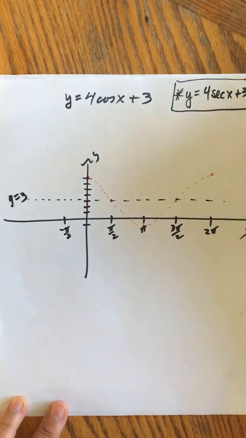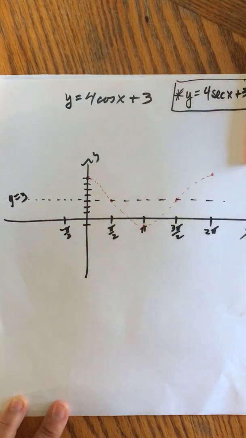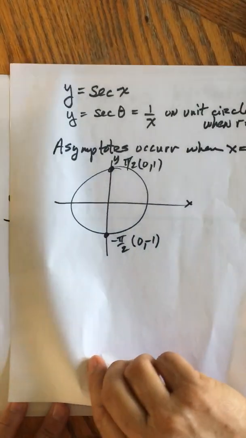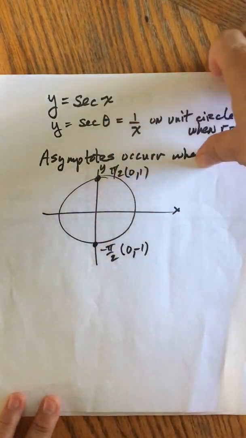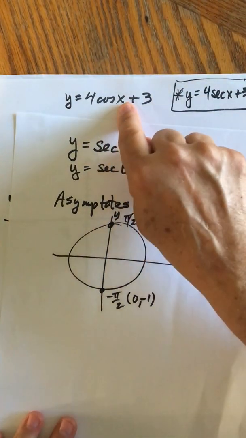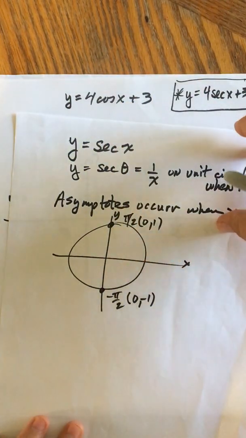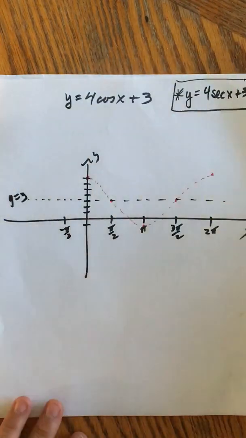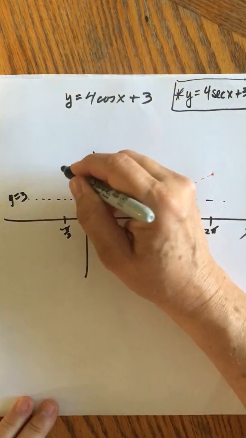So what would happen is if you put together the asymptotes that we found out, since the graph we're looking at has no horizontal effects or changes, we can just put the asymptotes at pi over 2 and negative pi over 2. So let's go ahead and do that.